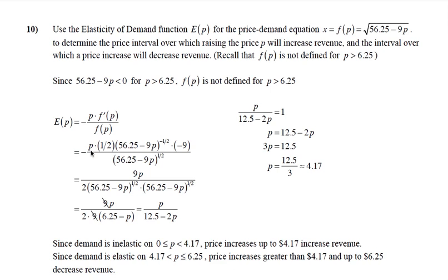So we've used elasticity to answer the question. And notice that at the point of $4.17, we have strict inequality on both intervals, because we can't include $4.17. That's the price at which we have unit elasticity.